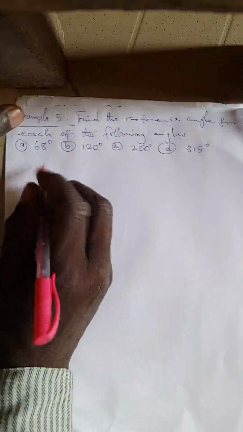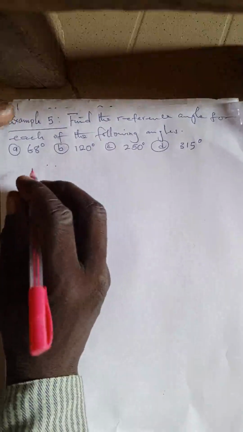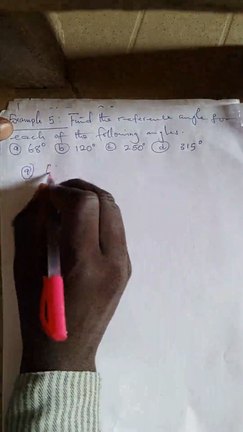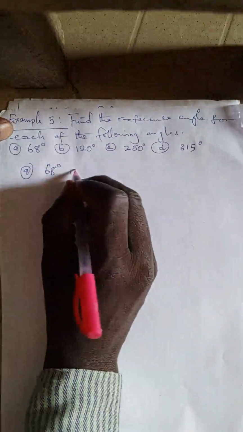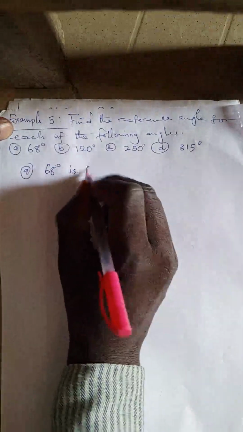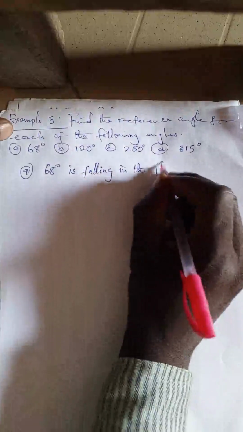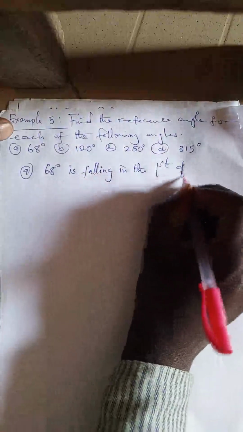Now, to find the reference angle for 68, you check in which quadrant 68 is falling. 68 degrees is falling in the first quadrant.